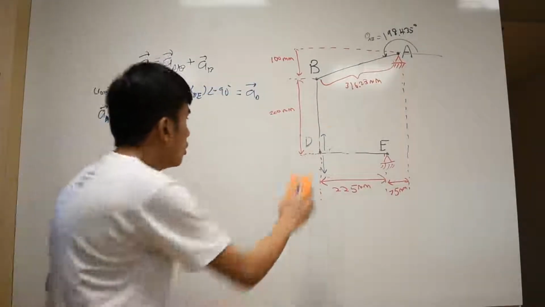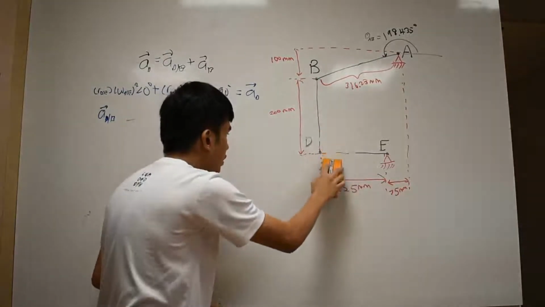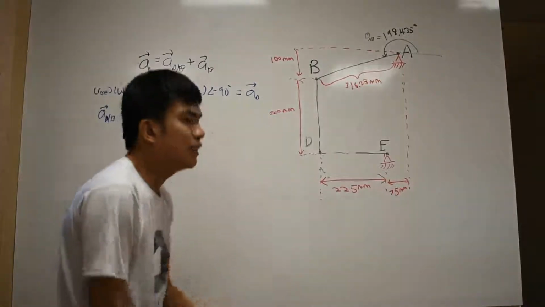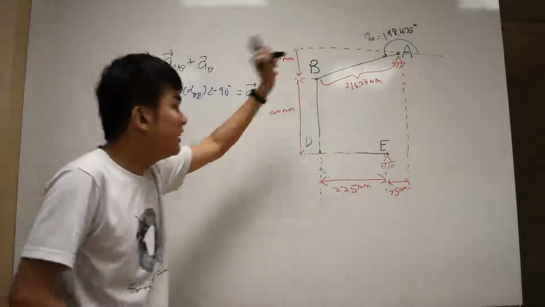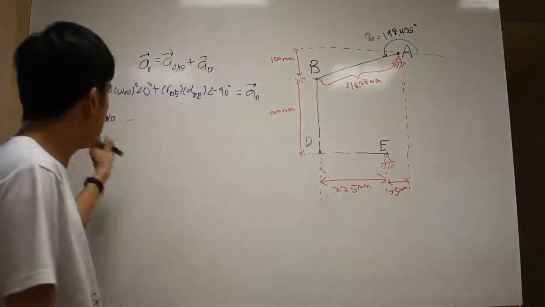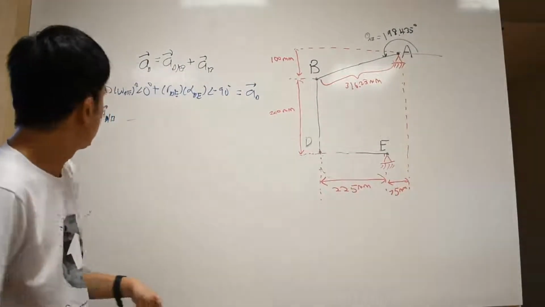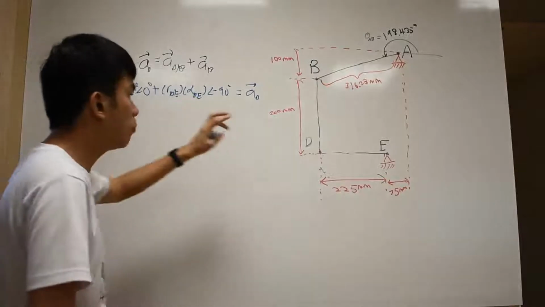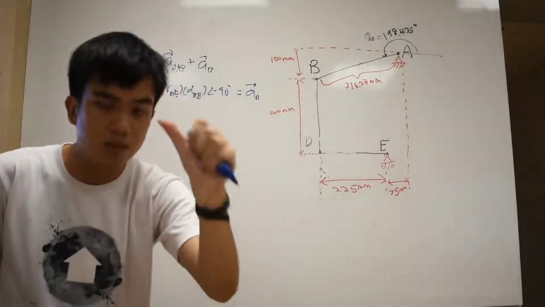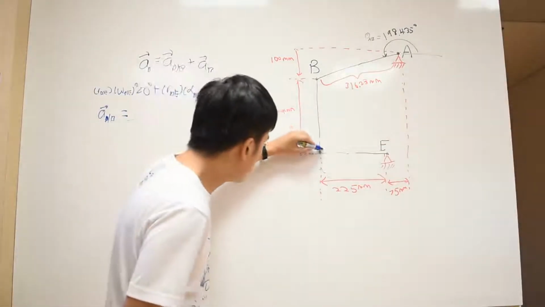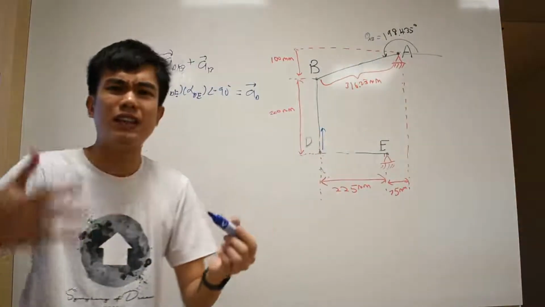For the acceleration of D with respect to B, as I said before, B thinks that D is rotating in a circular motion around itself. That's acceleration of D with respect to B. So this acceleration also has two components: centripetal acceleration about B and tangential acceleration about B. Let's talk about the centripetal acceleration first.